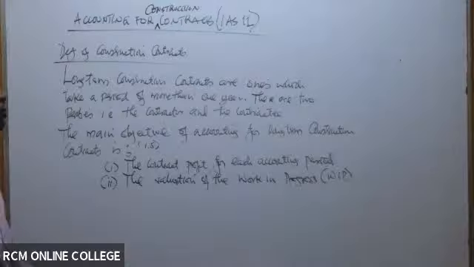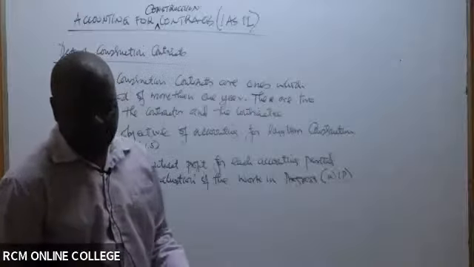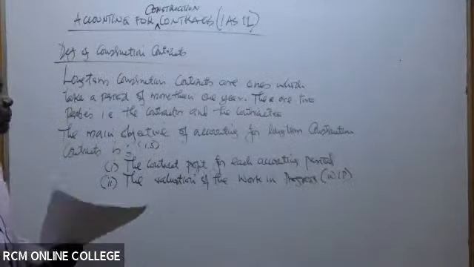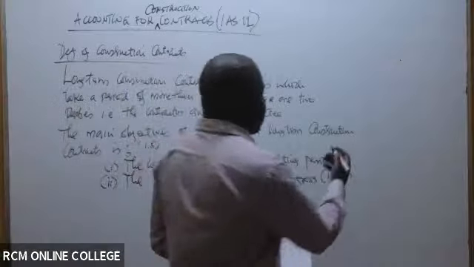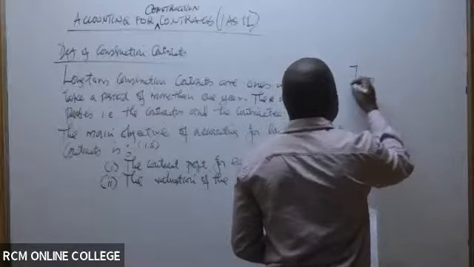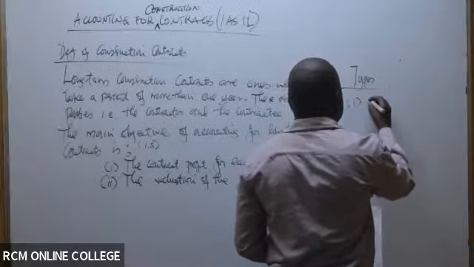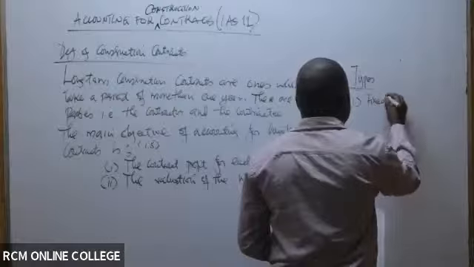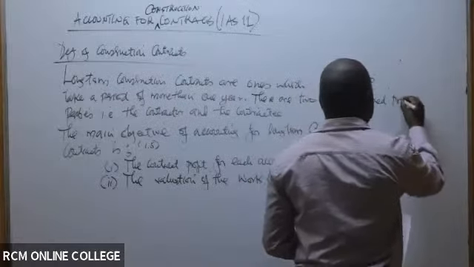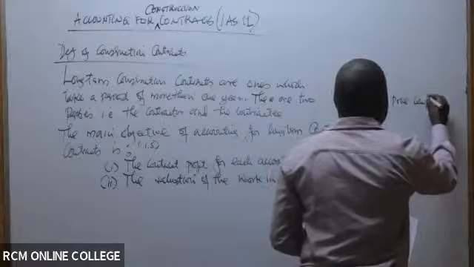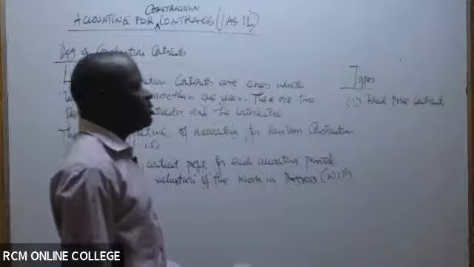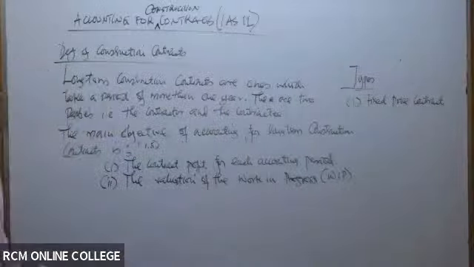So this kind of contract, we can have a number of types. So for example, number one, we have a fixed price contract.